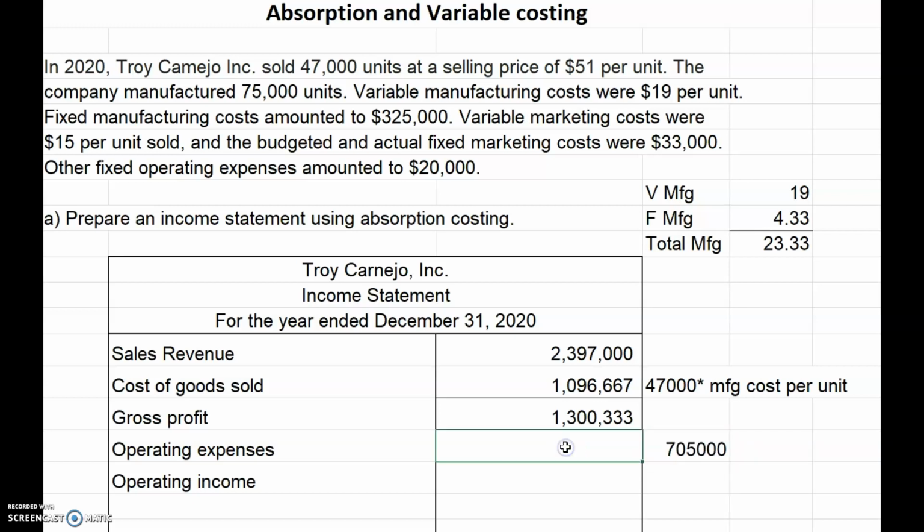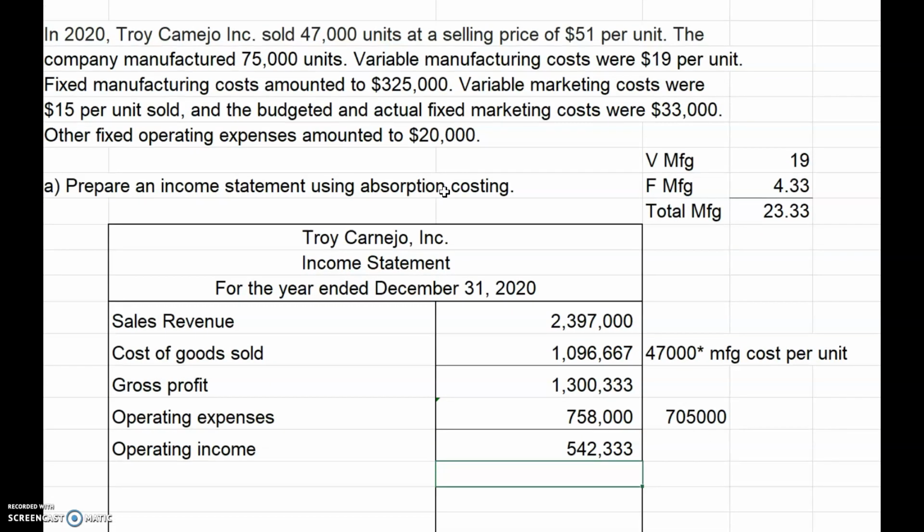So 705 was the variable marketing costs. We also had fixed marketing costs of $33,000 and other fixed operating expenses of $20,000. So $758 in total. Subtract gross profit minus operating expenses. Our operating income is $542,333 under absorption costing.